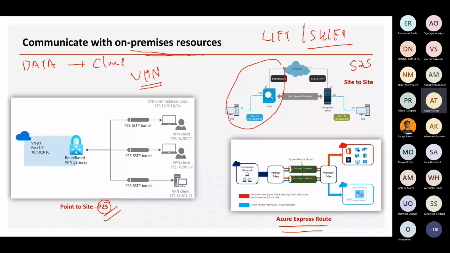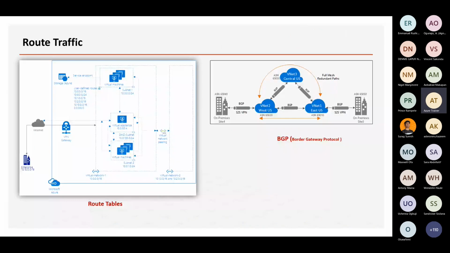Now, coming to the routing part, you may remember that when we discussed on-premises, you may have heard about a couple of routing protocols, right? You may have worked on HP routers or Cisco routers. You may have heard about routing protocols like RIP, that is not rest in peace, basically known as Routing Information Protocol.